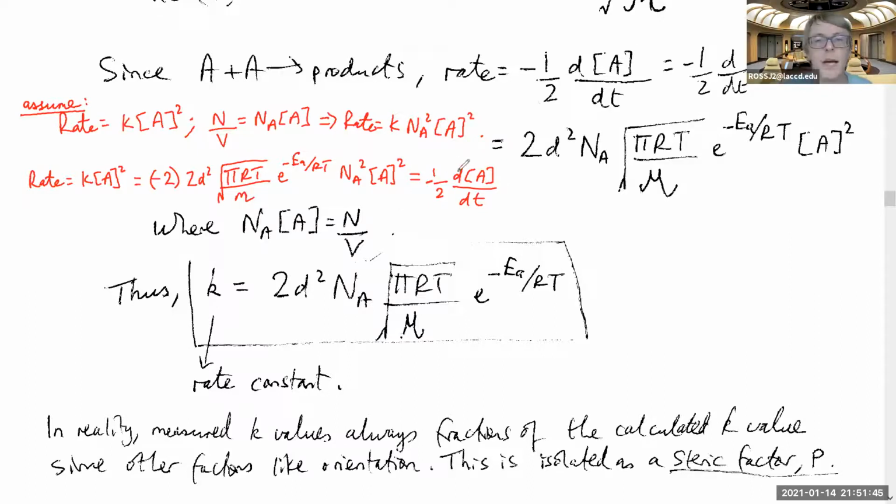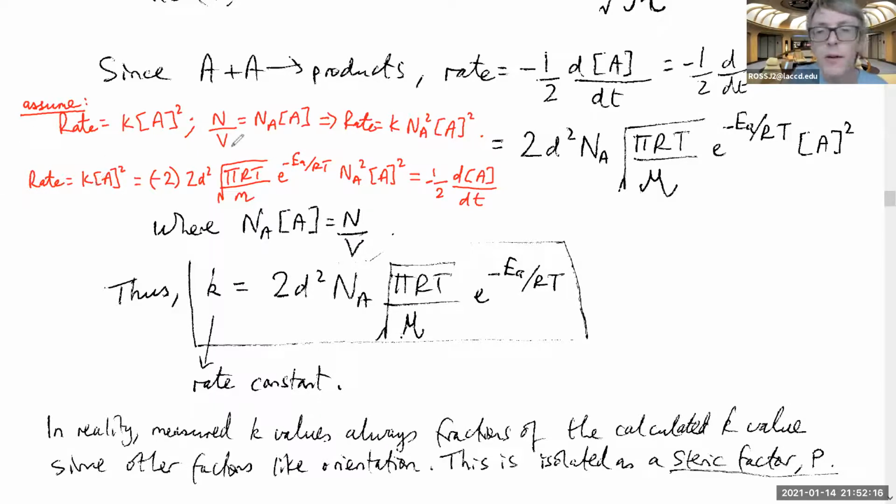Then if I want to look at the rate of change of A, I would have to combine this minus a half with this one. I'm not making a very clear job of this, am I?